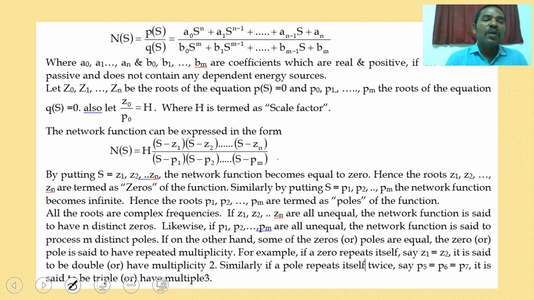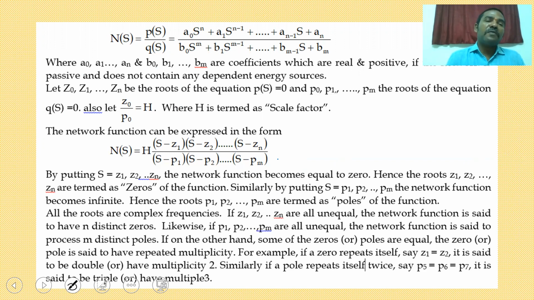Similarly, Q of s is b naught s power m plus b1 s power m minus 1 and so on, bm minus 1 into s plus bm, where b naught, b1 and so on to bm are the coefficients of your denominator, and these must also be real and positive values only.